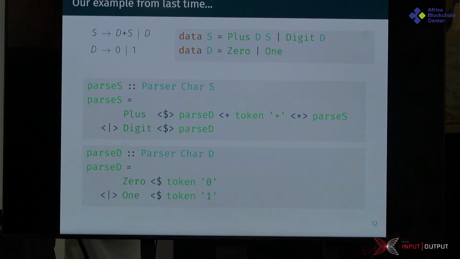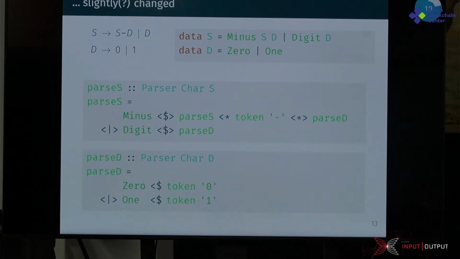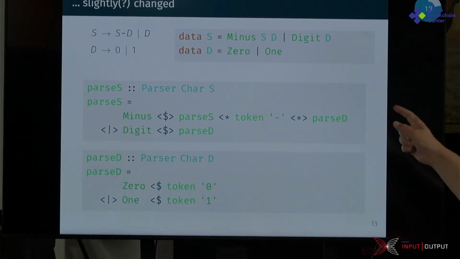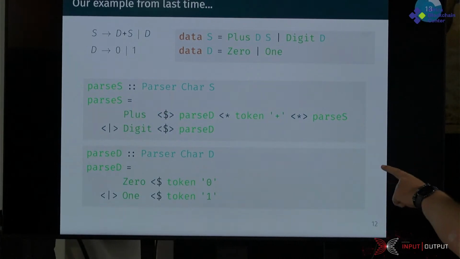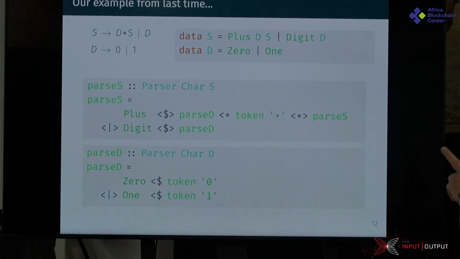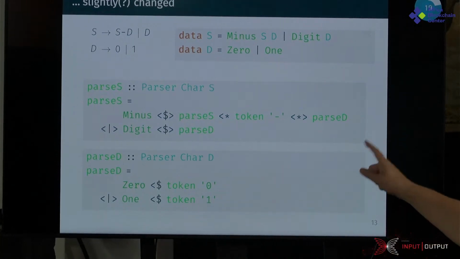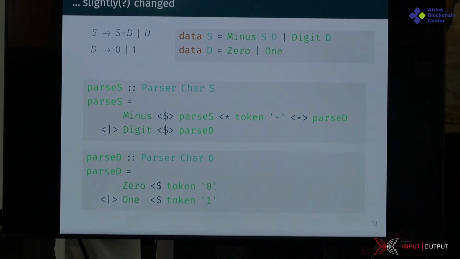And if the example is slightly different, instead of d plus s, now it's s minus d. If you now follow the same process and write a parser for this, where before we had parse d plus parse s, now we have parse s minus parse d. If you then try to parse something, it loops forever.